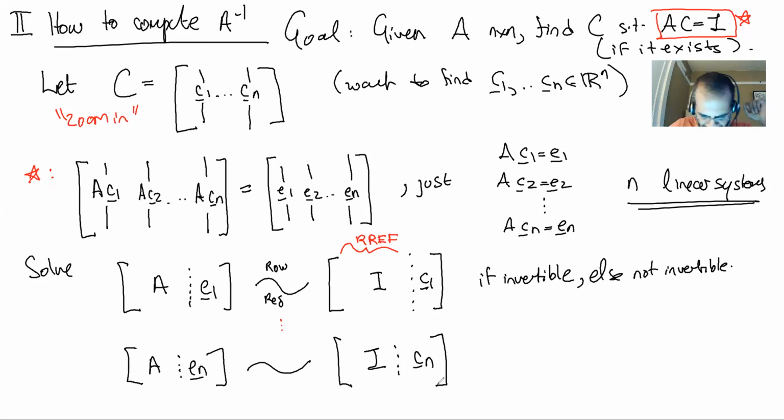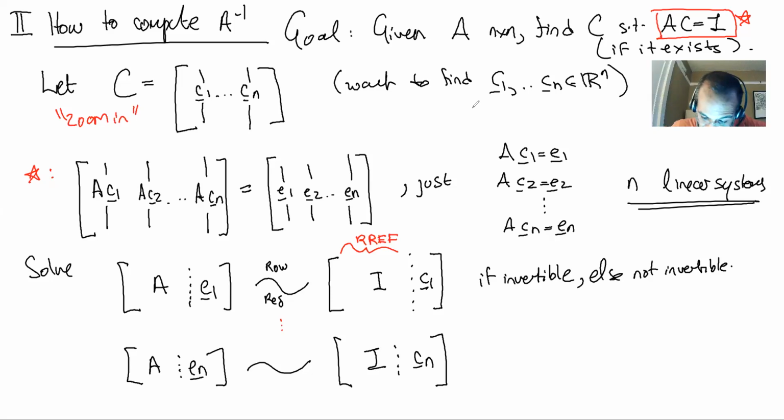But there's actually something very special about these row reductions. So can anybody see what's special about these row reductions? Should I really have to do it N times? Can't you just do it once?